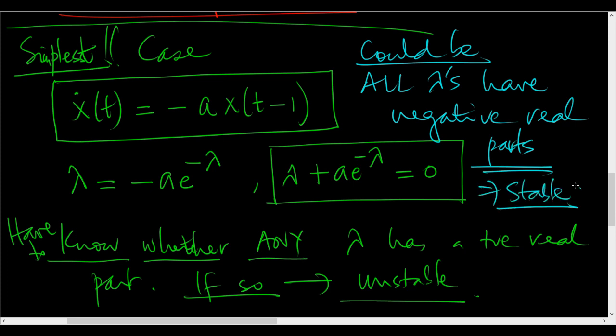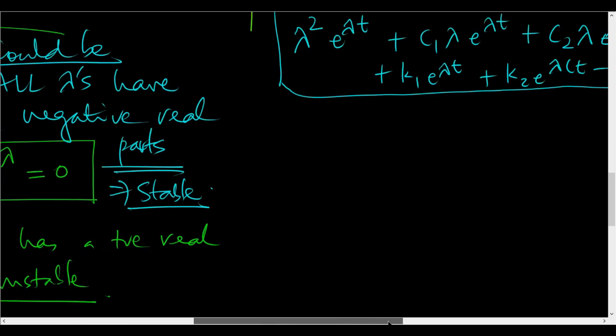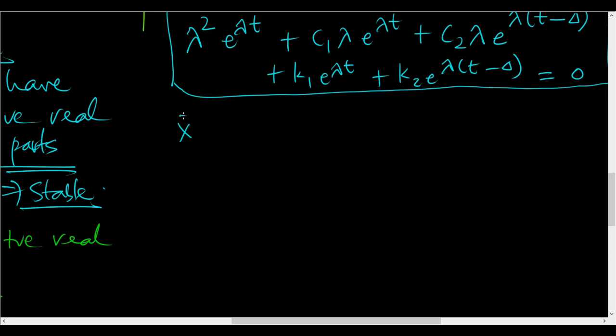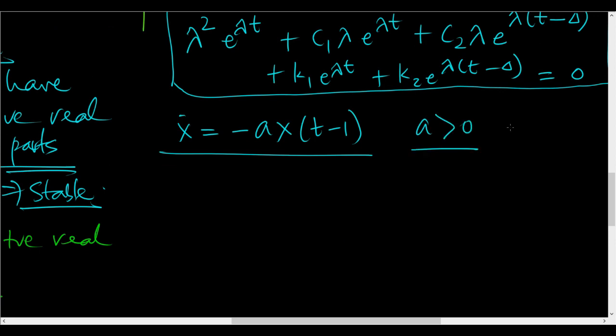Now you can think about this in the following way. Suppose I have x dot equal to minus a x at t minus 1, and I think of a greater than 0 but a much less than 1. So x dot is almost 0 if x of t minus 1 is not very big.